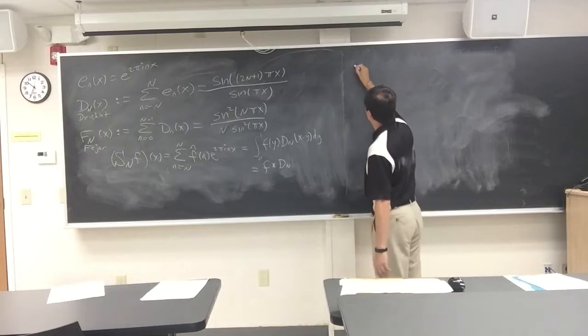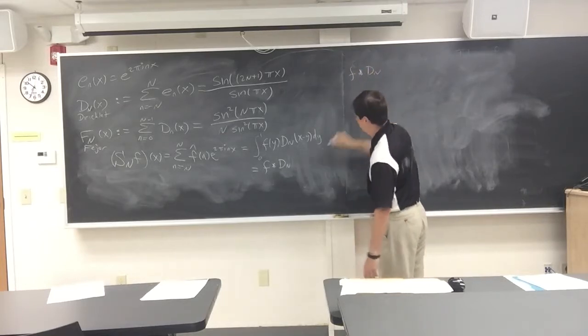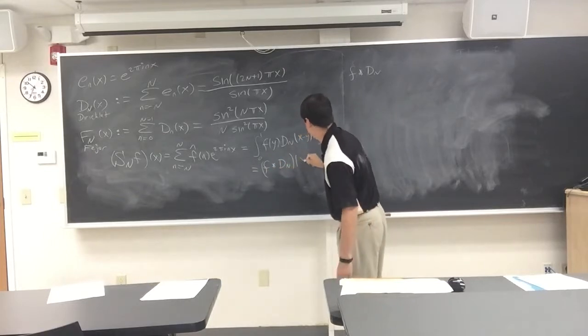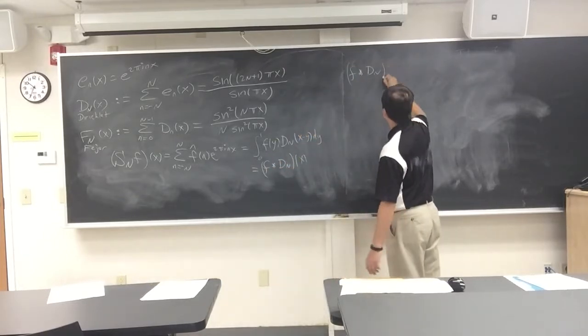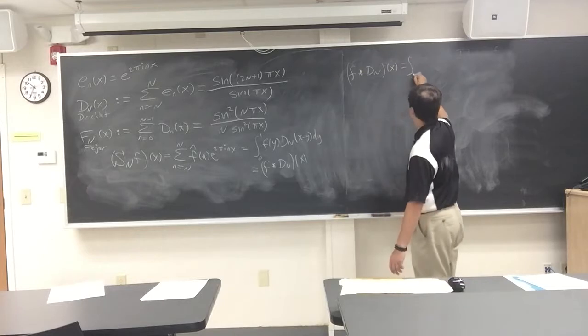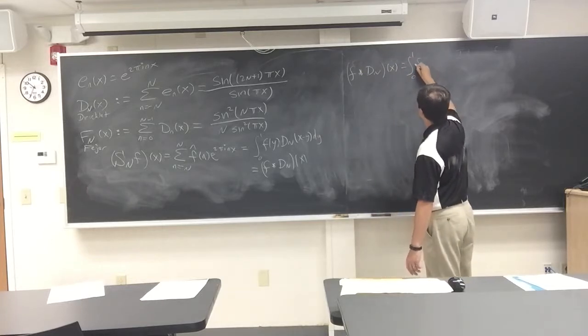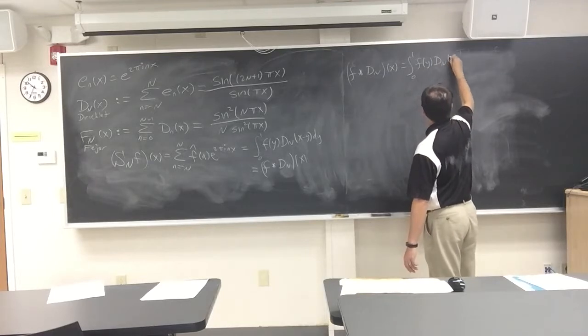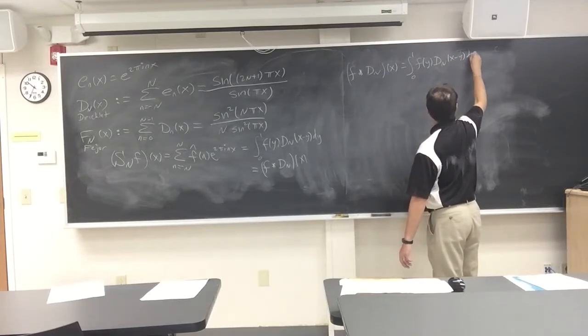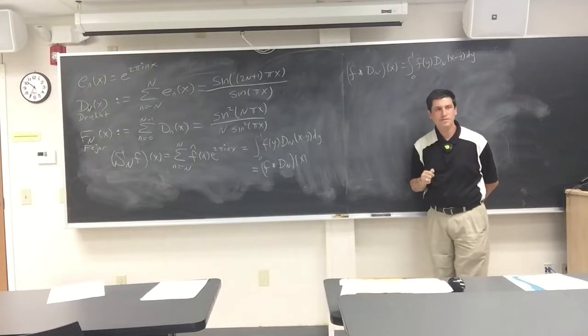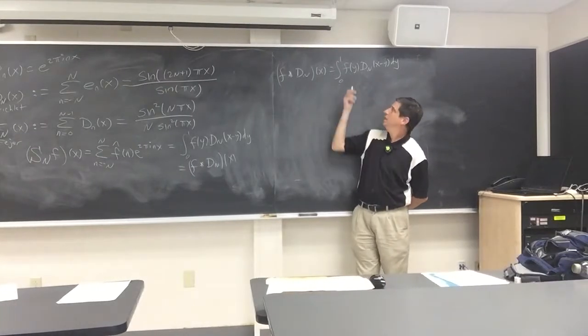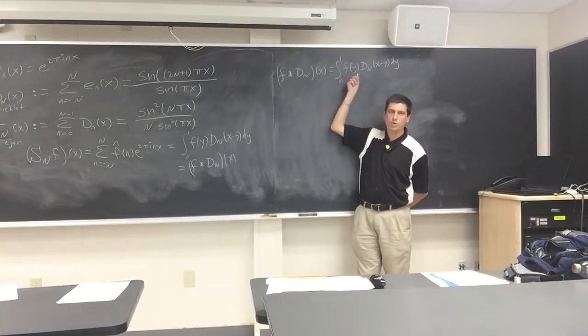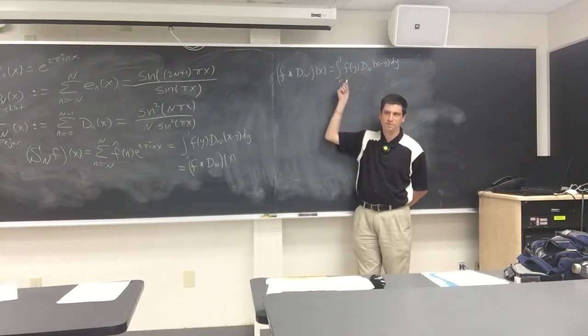So if we look at f convolved with D_N, evaluated at the point x. The definition of the convolution of two functions is you just integrate f of y D_N of x minus y dy. If you haven't seen convolutions before, it doesn't matter which one you define has the y and which one has the x minus y.